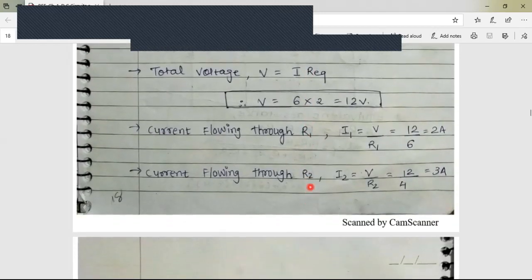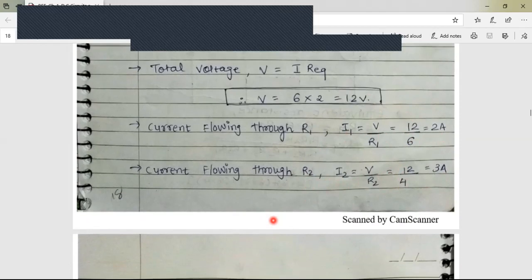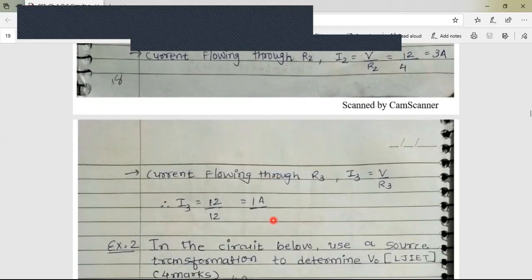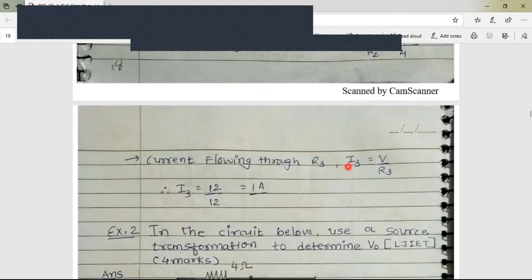The current flowing through R1 is I1 equals V by R1. We have V equals 12 volt upon 6 ohm, which equals 2 ampere. The same way, the current flowing through R2 is I2 equals V by R2, 12 by 4 equals 3 ampere. And last, the current flowing through R3 is I3 equals V by R3, 12 by 12 equals 1 ampere.